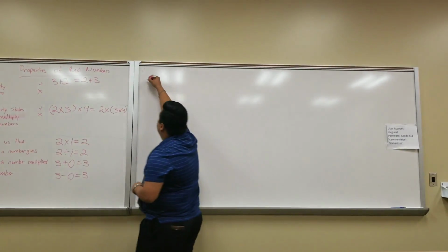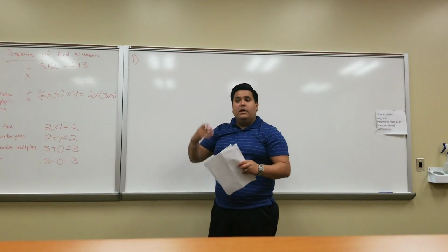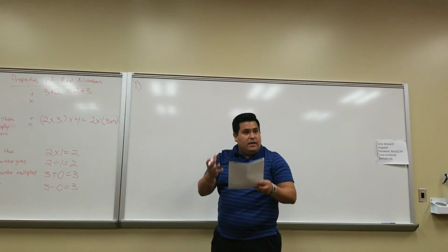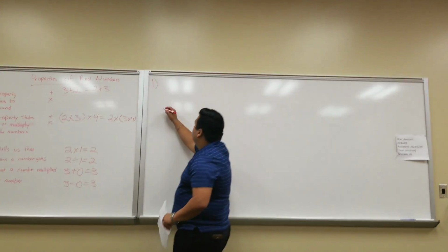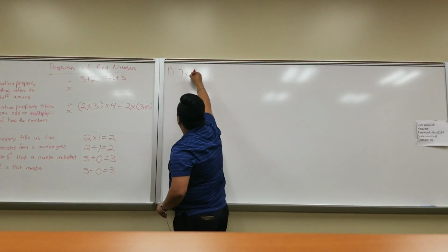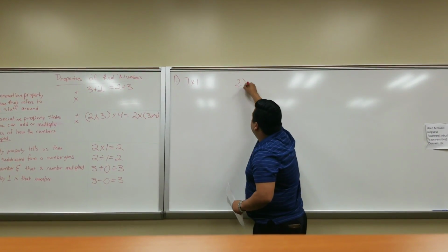Number 1. You're working these still in your binder. You're still working these in your notebook, so you have these problems. You have something to work on. That way also, if you don't get them correct, I can help you and we can figure out what we need to do to get you there. Okay? The first one, here's the first problem. That's number 1. Here's going to be number 2.